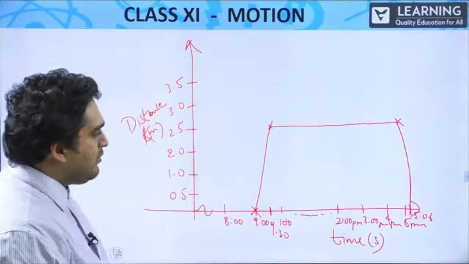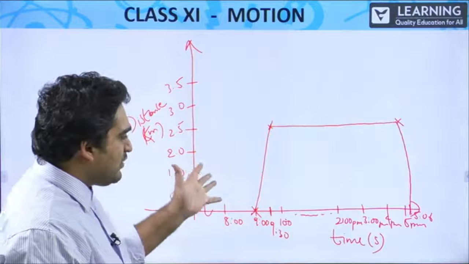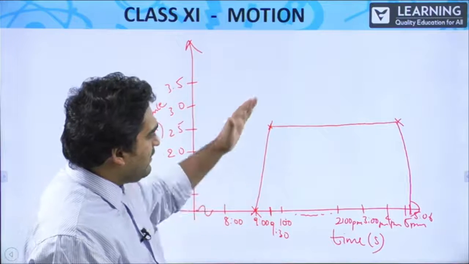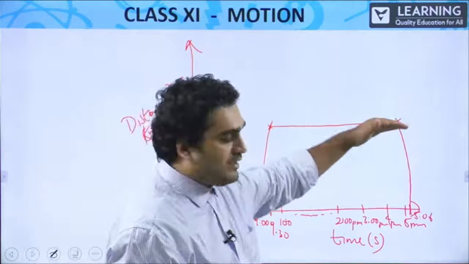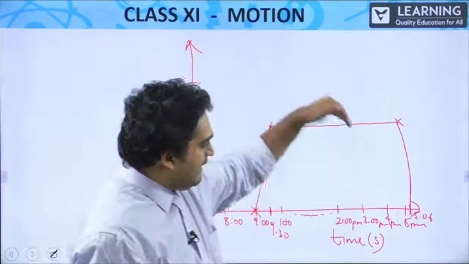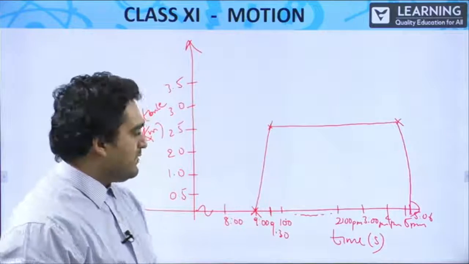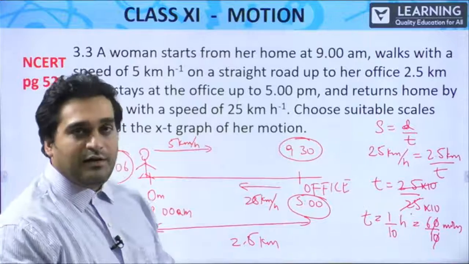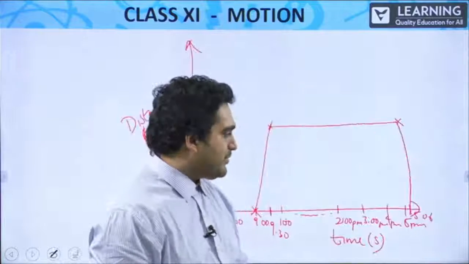This is technically a rough sketch of how your graph should look. You would have an inclination, then a horizontal line, and again a line extended downwards. So this is how you can plot the graph.